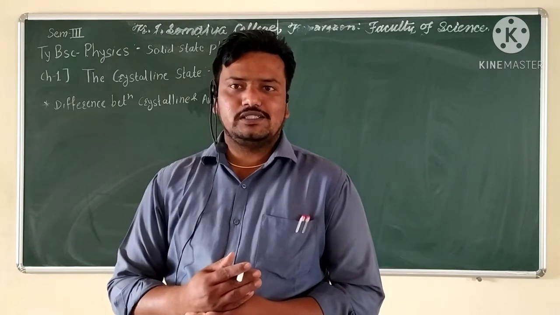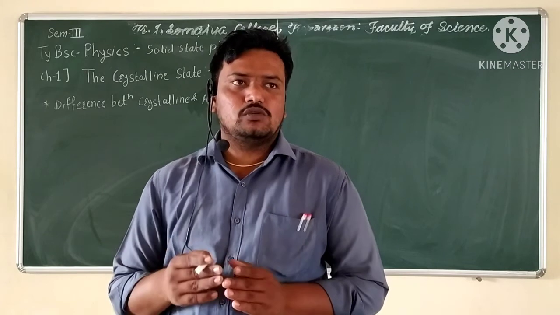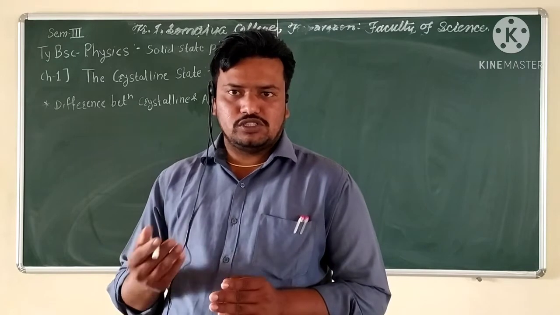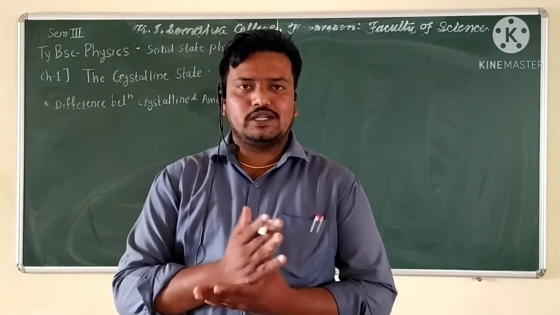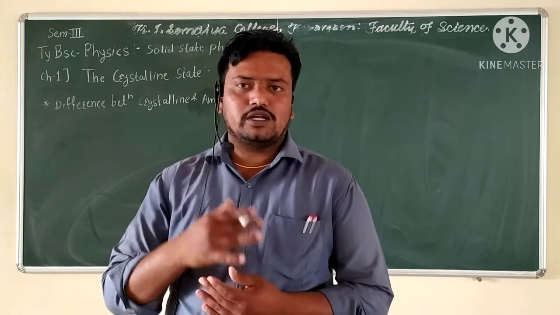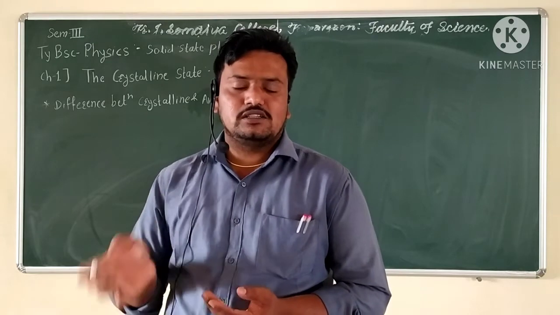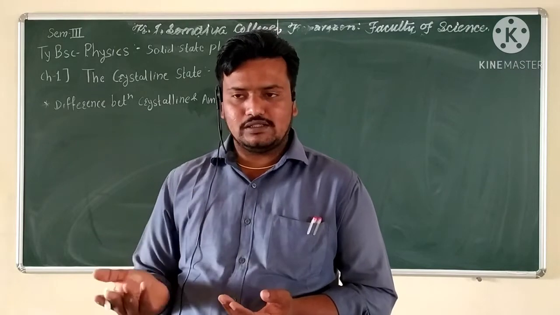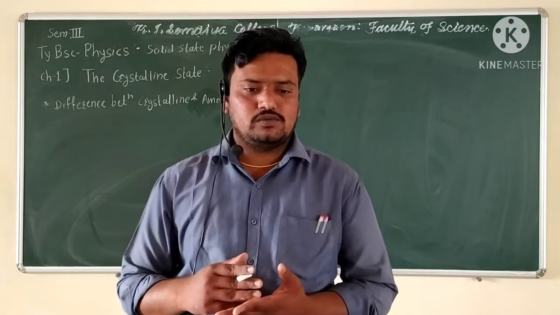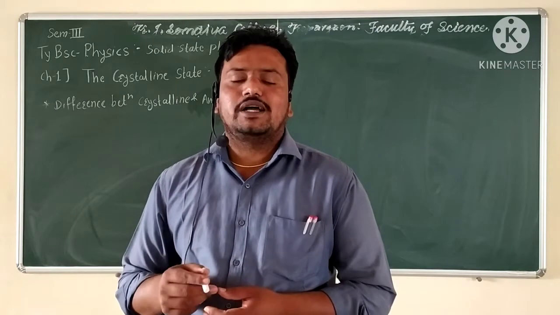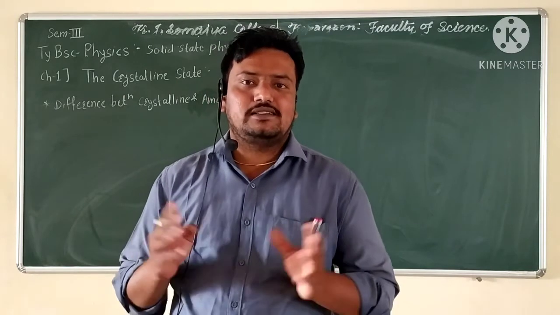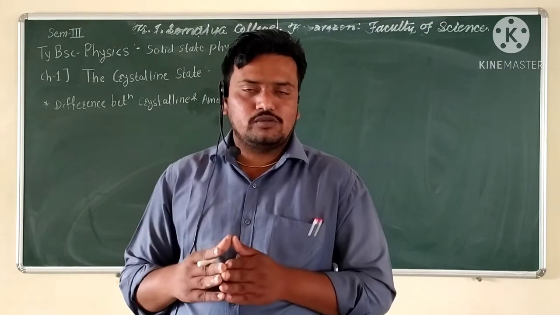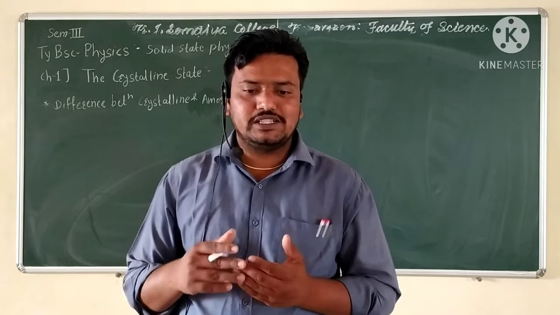A crystalline solid is a regular ordered arrangement of the constituent particles, while an amorphous solid does not have a regular ordered arrangement of the constituent particles. An amorphous solid is considered isotropic. Why is the amorphous solid isotropic in nature?